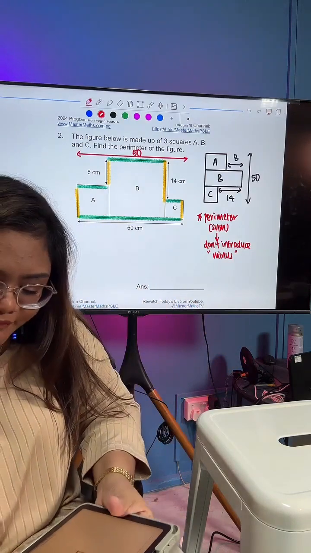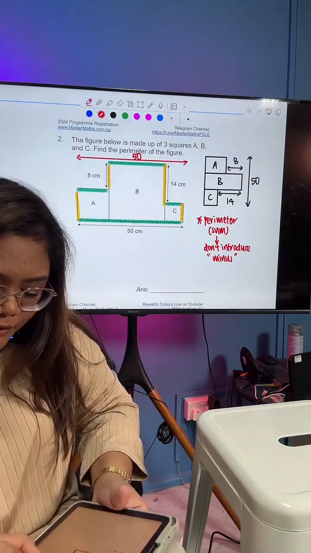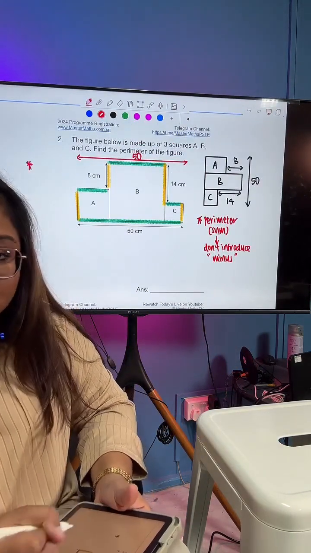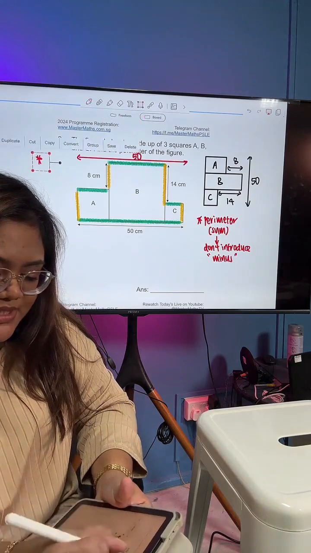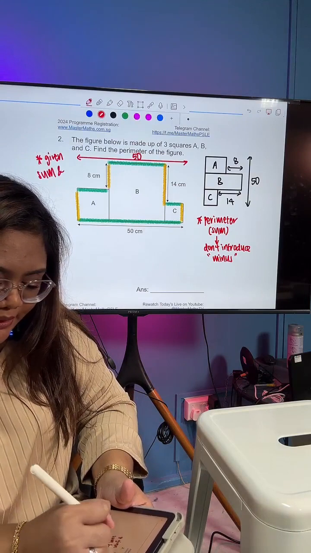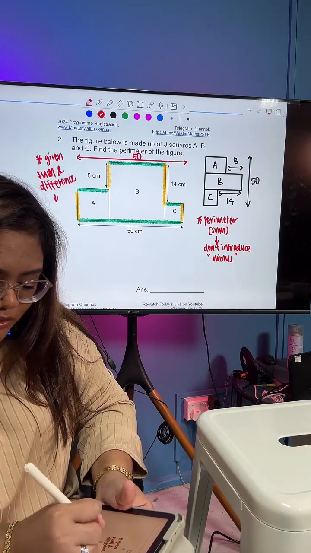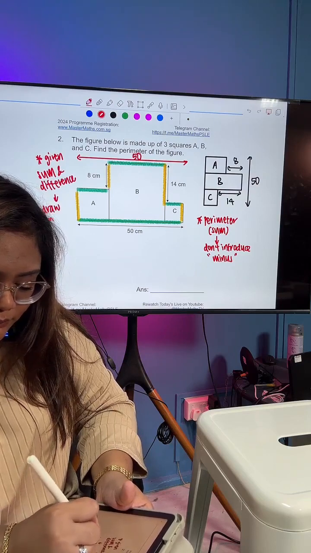The second tip for the day: whenever you are given a sum and difference, we can draw a comparison model.